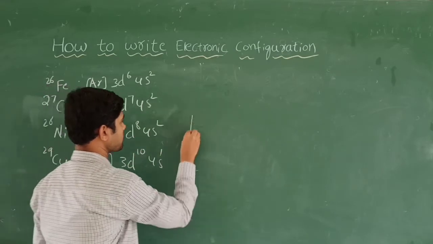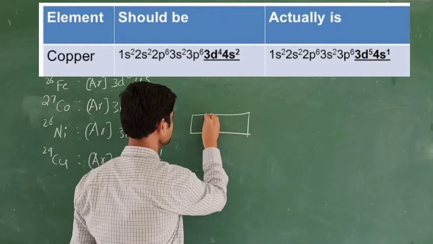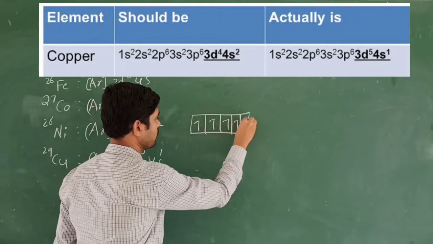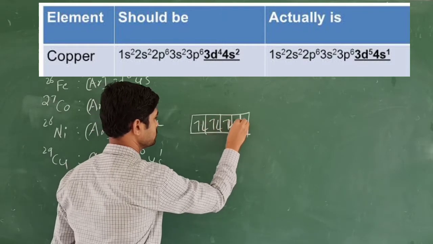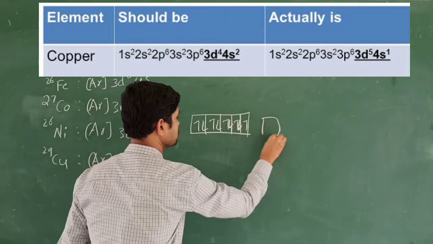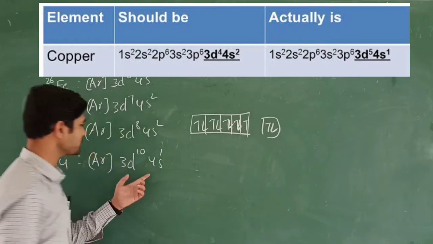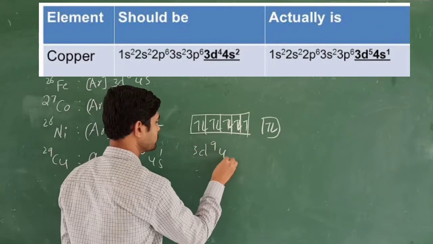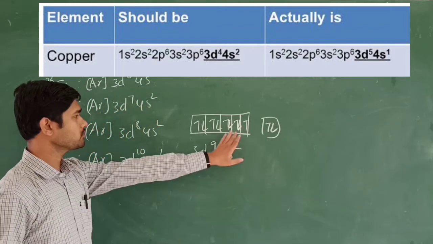So argon, and instead of writing 3d9 I am going to write 3d10 4s1. Once again, this is a stability parameter. In the general case of copper, we would write 3d9 4s2, right? So how will the electrons be?